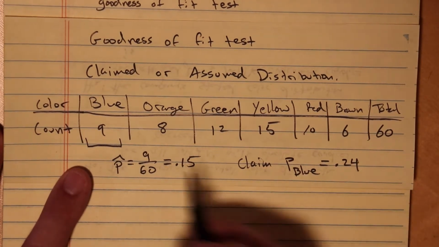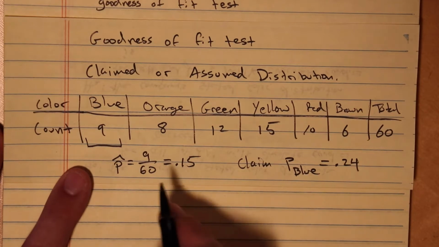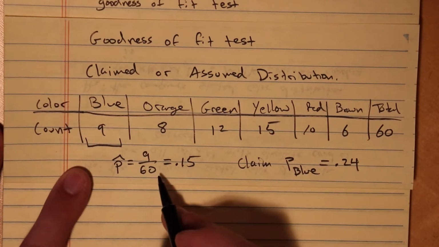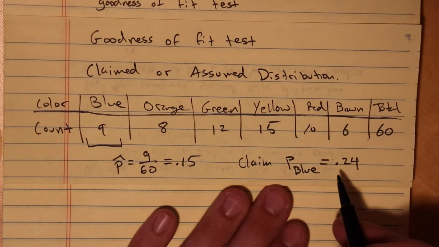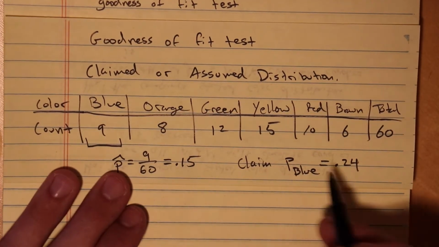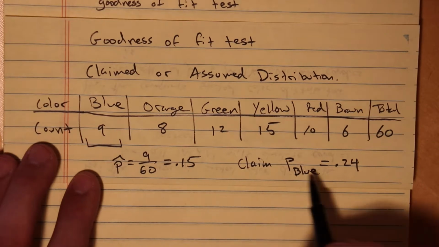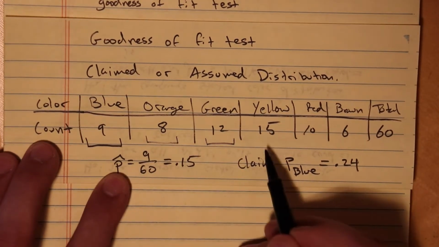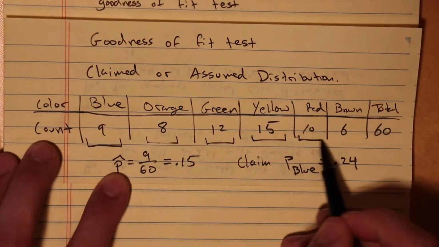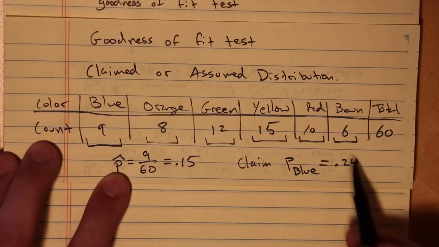We could use a one sample z-test for this particular color, assuming 0.24, and use a z-score with our p hat. We could do a one sample z-test for a proportion on every single sample proportion and compare it to its claimed value.